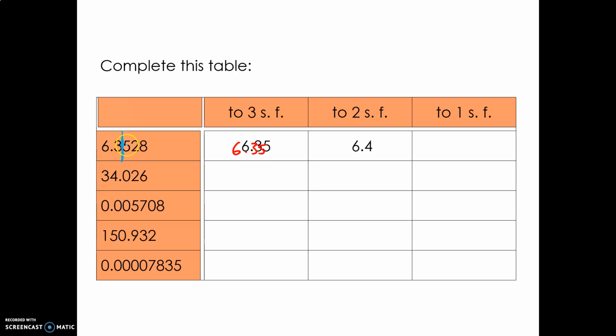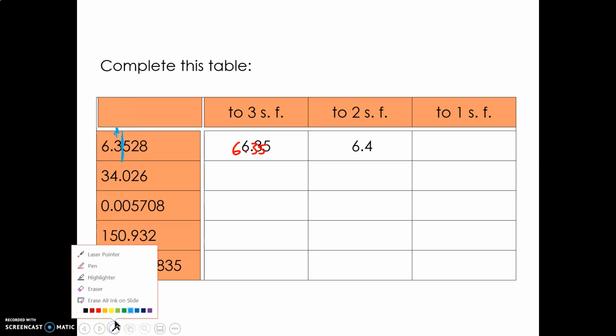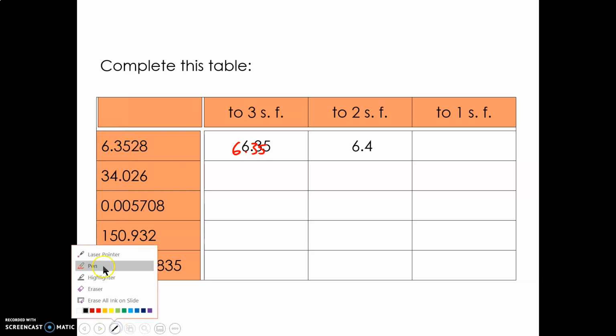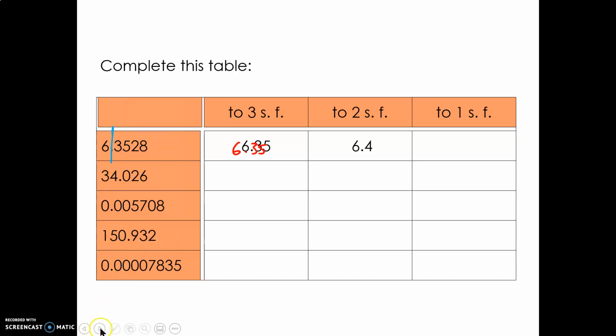You can see it's a 5, so that means that the number should go up, so you end up with the answer 6.4. Last one, 1 significant figure, we should put a line here. You can see it's a 3, so there'll be no change, so we can put a 6 there.